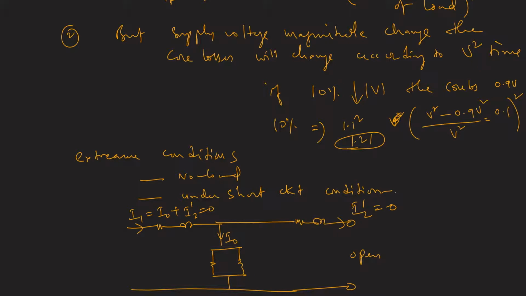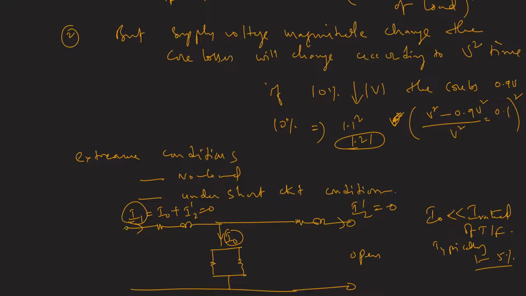Now this I1 is almost equivalent to I0, and this I0 is very small compared to the rated current of the transformer, typically around 1 to 5% of the rated current.